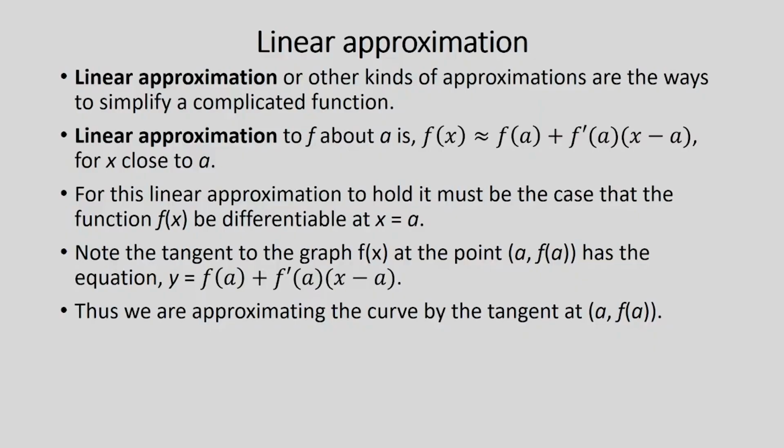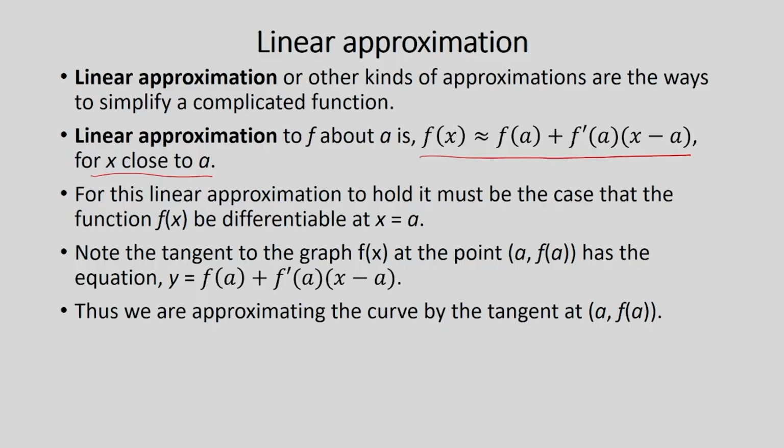Linear approximation of f about a, where a is a particular value of the independent variable, is given by this. f(x) is approximately equal to f(a) plus f prime of a multiplied by (x minus a), and this approximation holds if you have x, that is the independent variable, very close to this value small a.